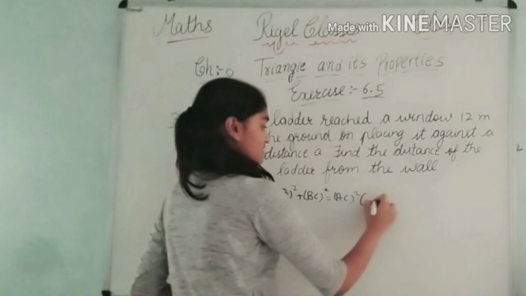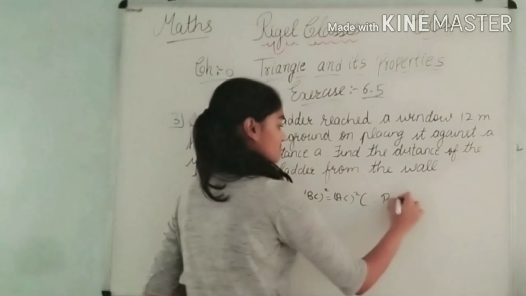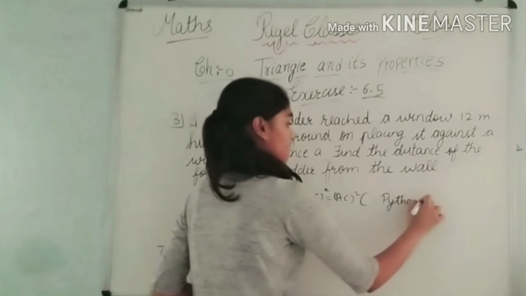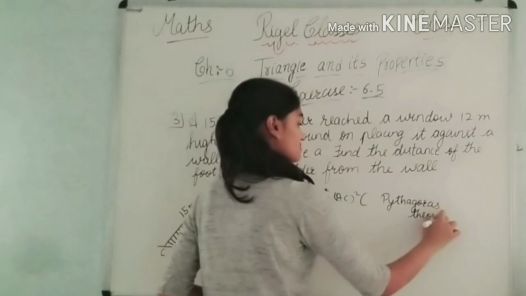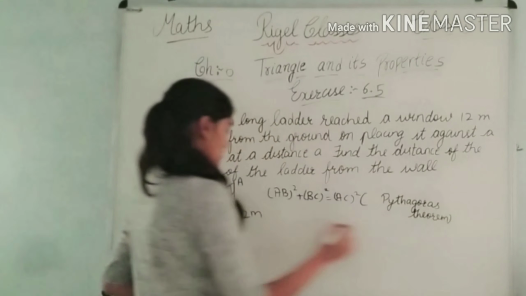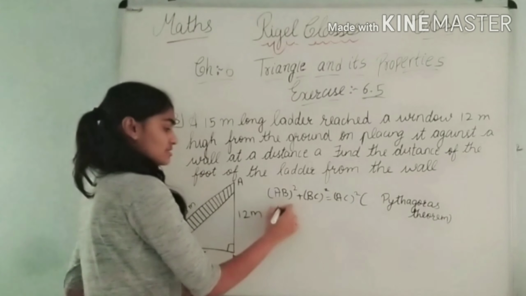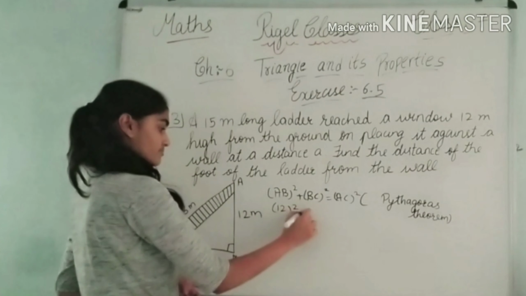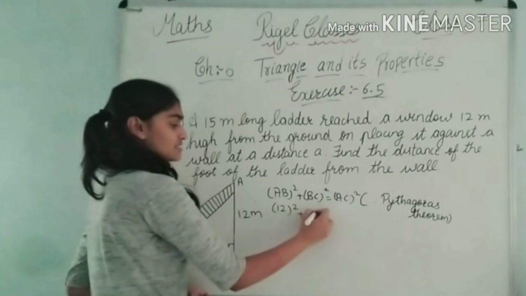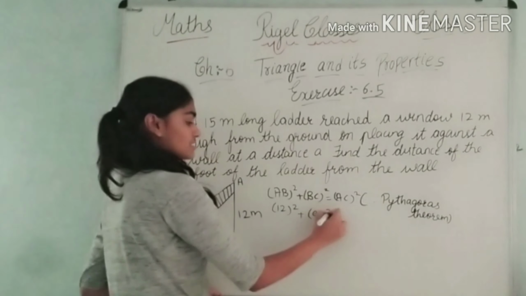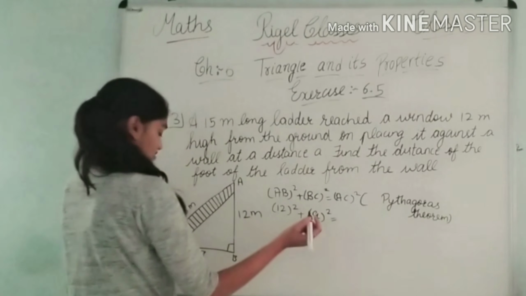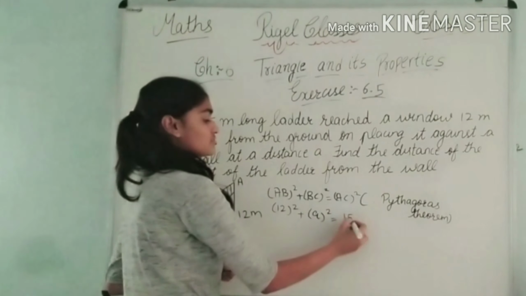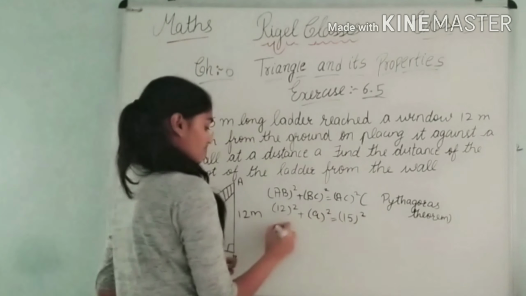In bracket we can write Pythagoras theorem. So here length of AB is 12, so 12 square plus BC square, that here A it is given, so we will take it as A square, which equals AC square. So here AC is 15, so 15 square.